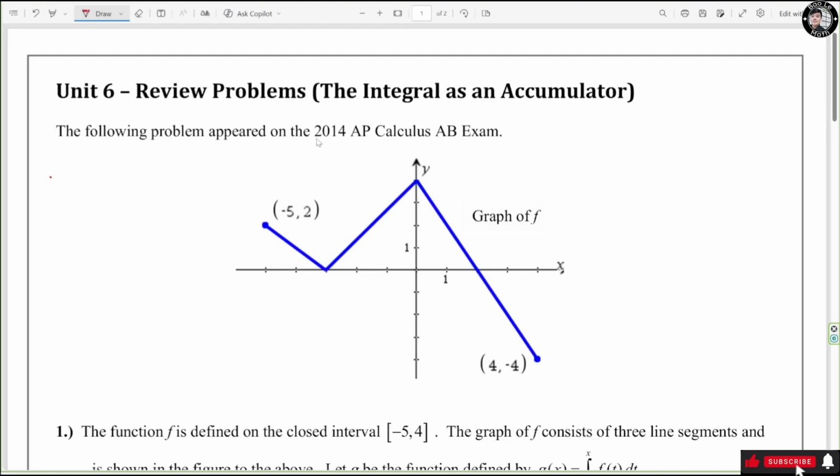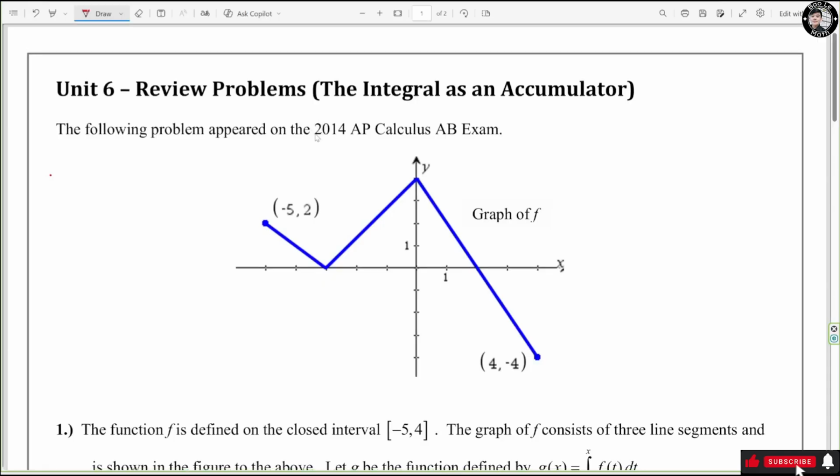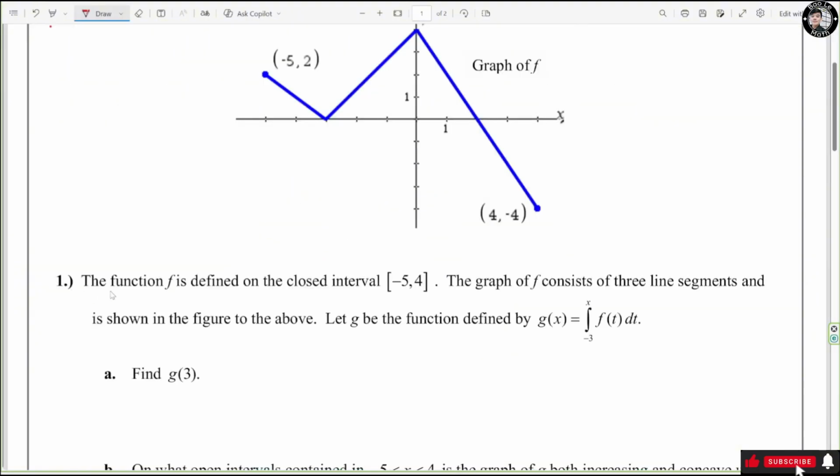This question appeared on the 2014 AP Calculus AB exam. Question 1. The function f is defined on the closed interval -5, 4. The graph of the function f consists of 3 line segments and is shown in the figure above. Let the function g be defined by g of s equals the integral from -3 to s of f of t dt. Find g of 3.